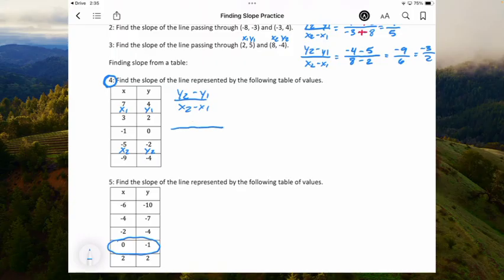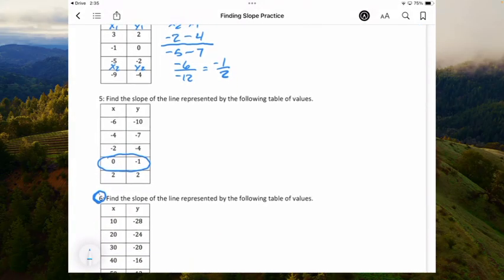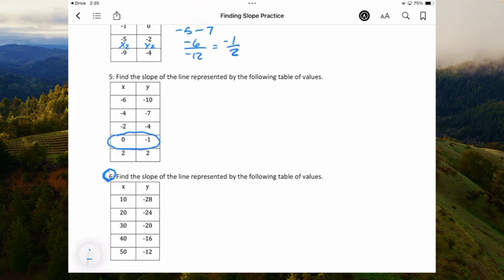Template. We have -2 minus 4, -5 minus 7. We'll end up with -6 over -12, which simplifies to be -1 over 2. We don't know what the y-intercept is there, so we'll write no equation.